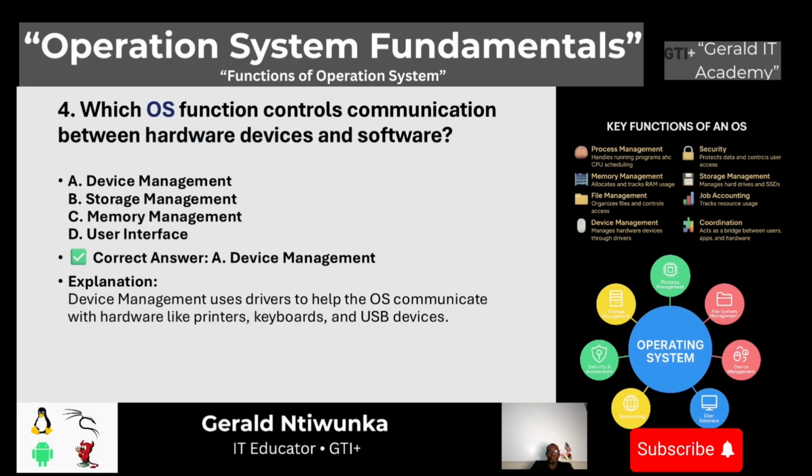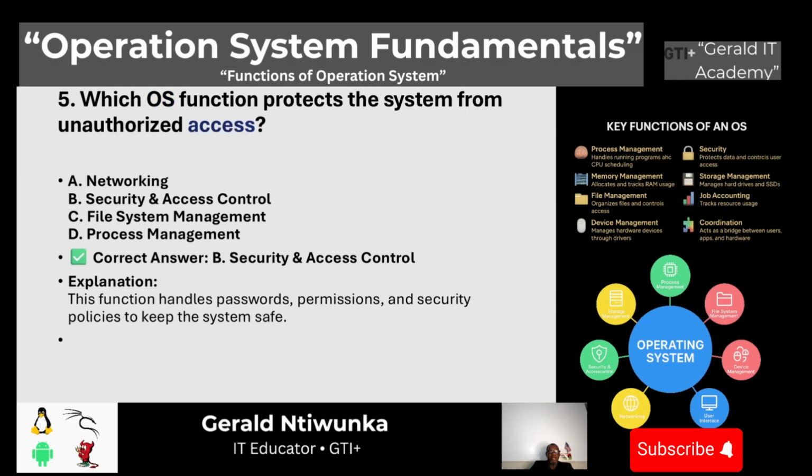Number 4 says, which operating system function controls communication between hardware devices and software? Follow up, answer, and know the explanations why it is like that. Number 5 says, which operating system function protects the system from unauthorized access?